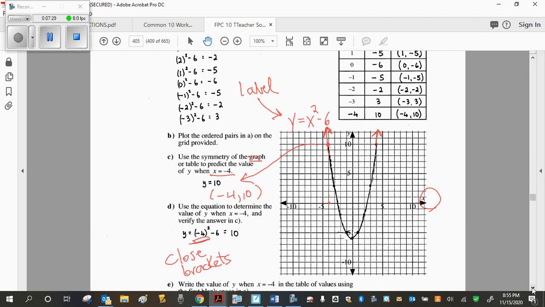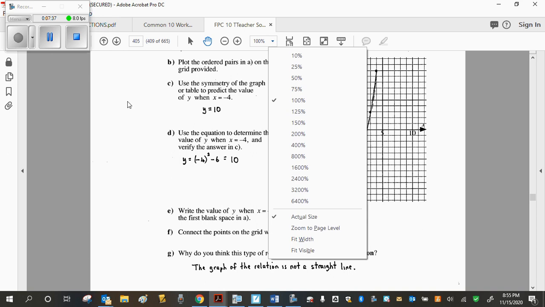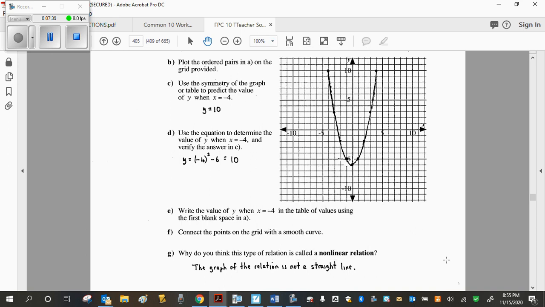Next is EFGH. And we might have to, hold on, we can see it. And write the value of y when x equals -4. Yeah, connect, we already did that.